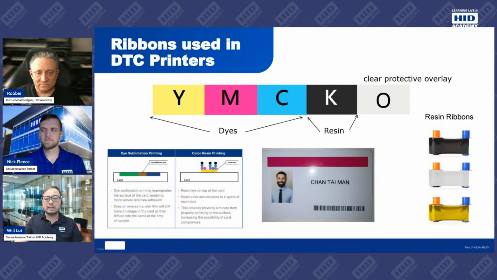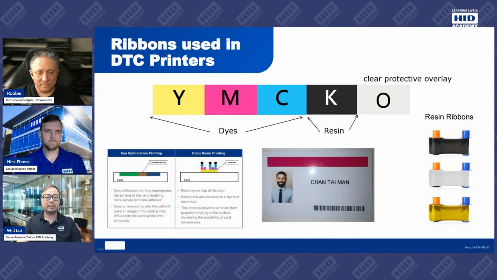And then there are the overlay panels, which add clear layers over the printed card surface. This layer is there to protect the card and help the printed image stay in good condition during daily use. Another important point about overlay ribbon is that it is used in DTC printers, not in retransfer printers. In simple terms, for the ribbon, it gives us color from YMC, details from resin, and protection from overlay.